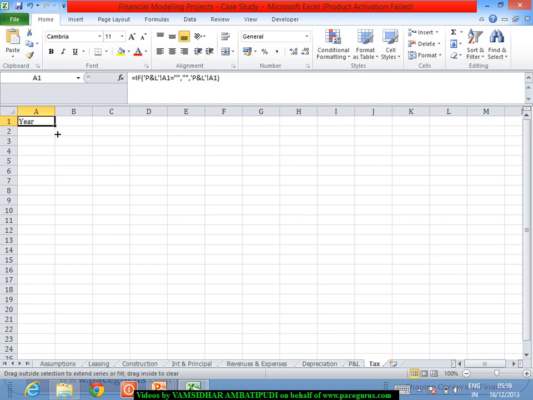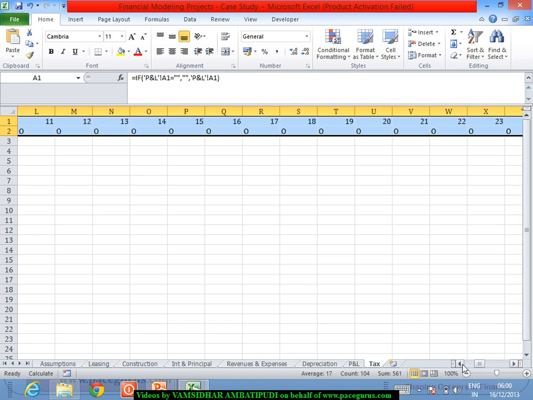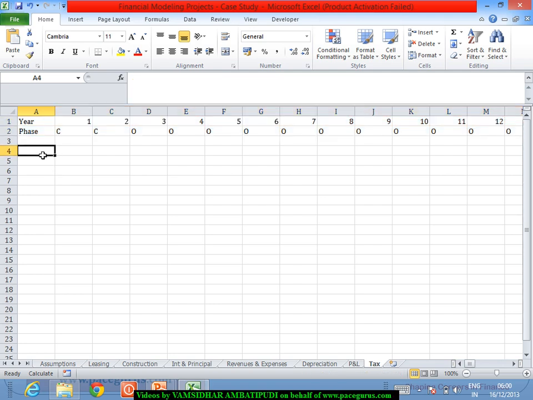So again, the first couple of lines will remain the same, and I drag them until column AZ to maintain consistency for each of the years. So this is what we are preparing, and of course now I would update the tax related stuff.